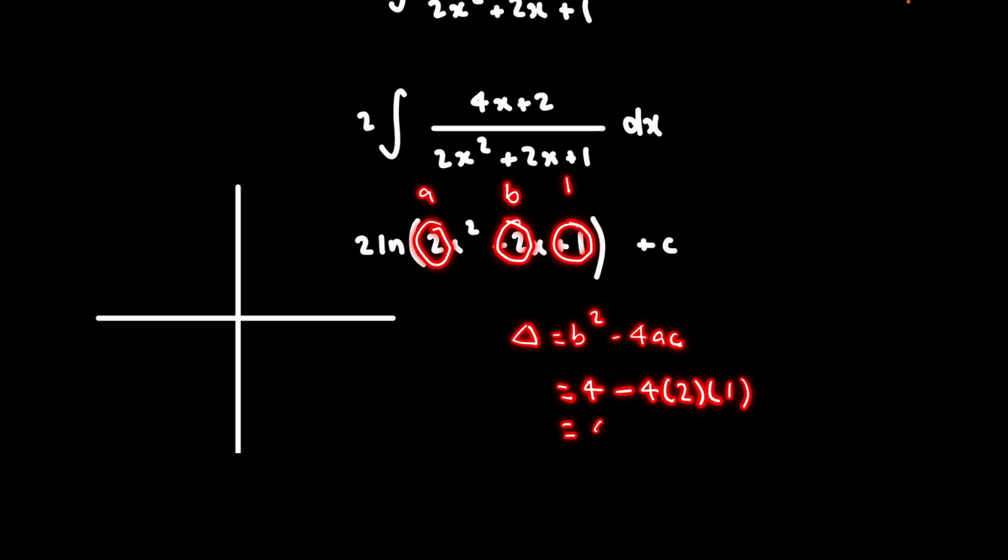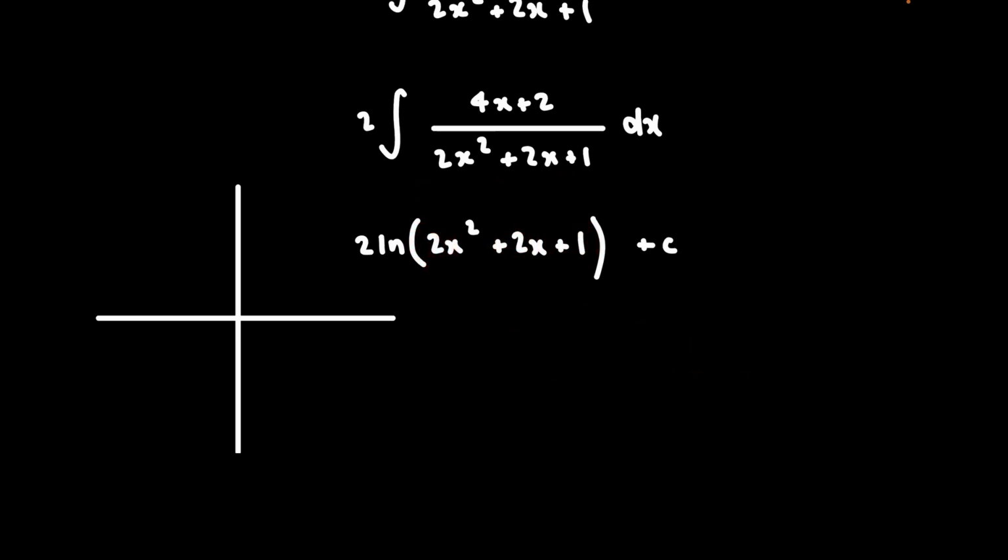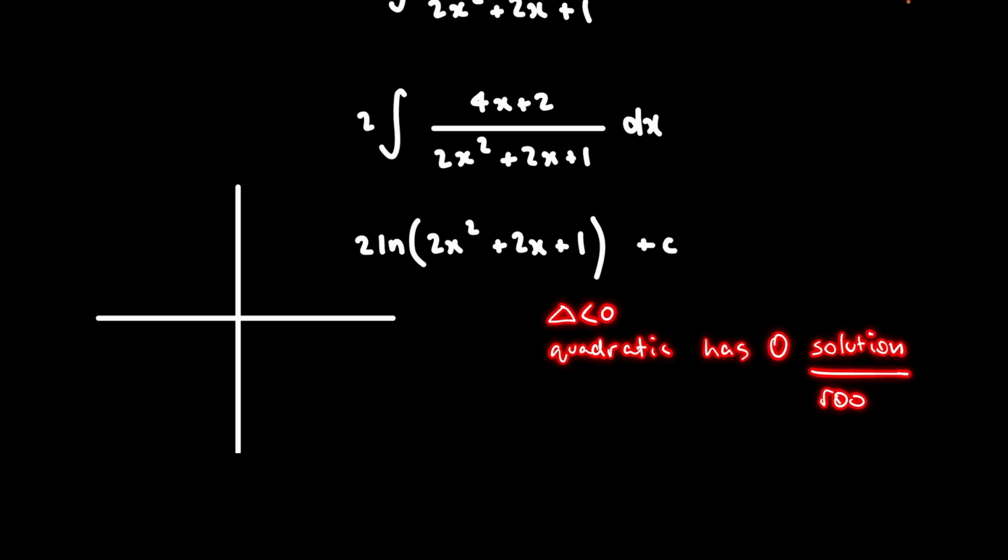And that gives me 4 minus 8, which is equal to minus 4. And those of you that remember discriminants, if the value of your discriminant is less than 0, that means the quadratic has 0 solutions. Another way of saying solution is root or x-intercept. There are 0 x-intercepts, 0 roots, 0 solutions.